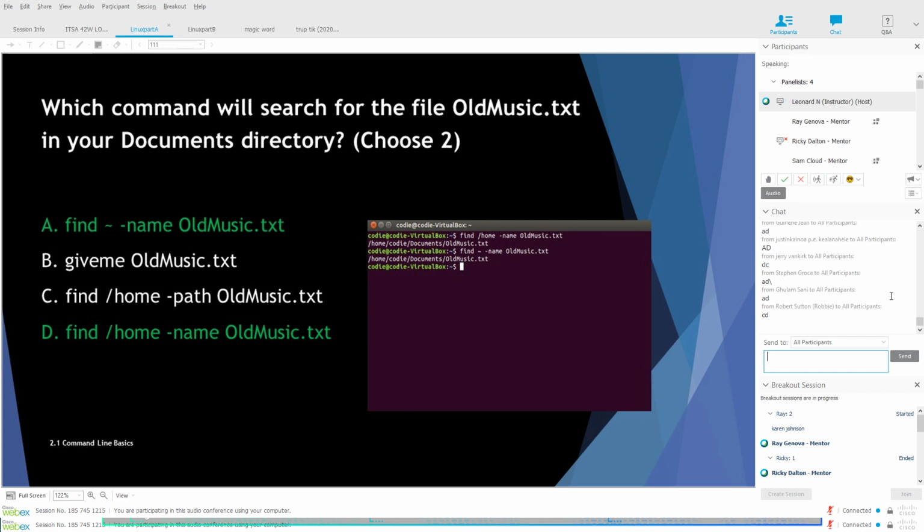That funny thing after the find and before the dash name is what is called a tilde. T-I-L-D-E. That is essentially an abbreviation for your home directory, so you don't have to write out /home.